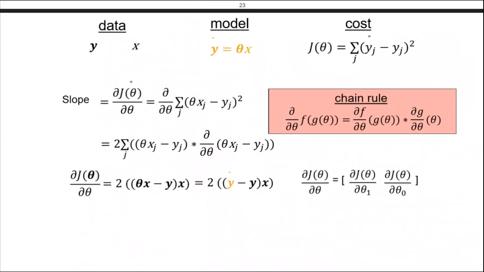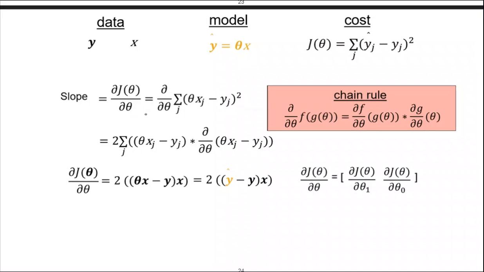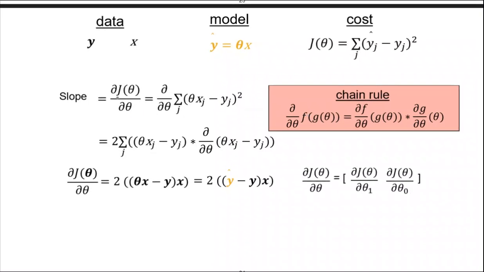Then we have data, model, and cost, the slope. We use some chain rule to simplify this, and we eventually get 2 times the predicted data minus the actual data, which is the residual, times x, the independent data.